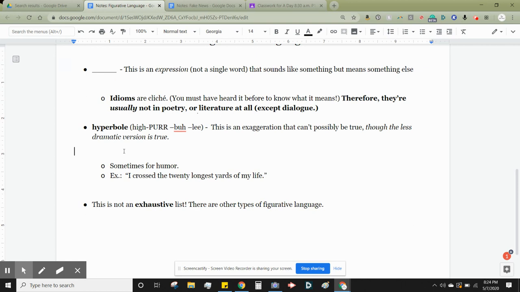A lot of times it's just actually sarcasm. Like if your friend sees you in a cool sweatshirt and says, oh my gosh, I love your sweatshirt so much, I want to marry it. That's hyperbole. Like they legitimately do like your sweatshirt. They're exaggerating in order to either be funny or to express the intensity of their emotion.